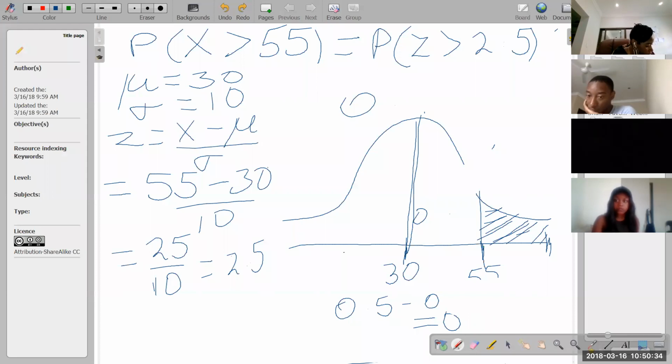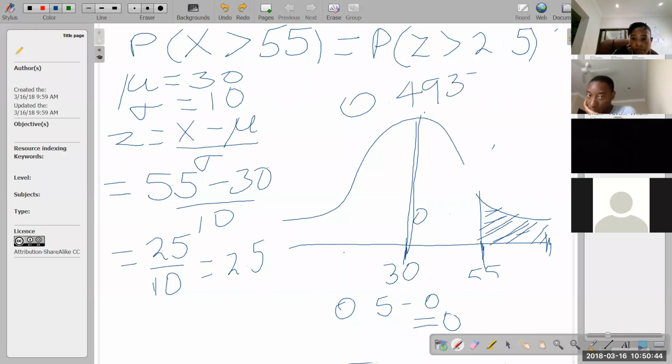So from the table it is 0.49379. So this area is 0.49379.